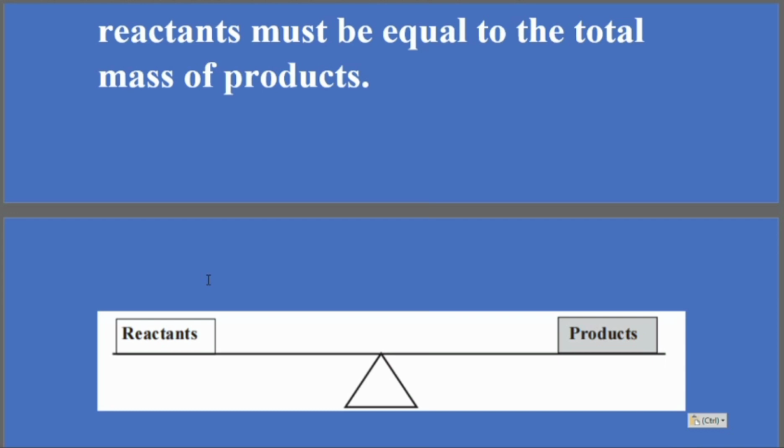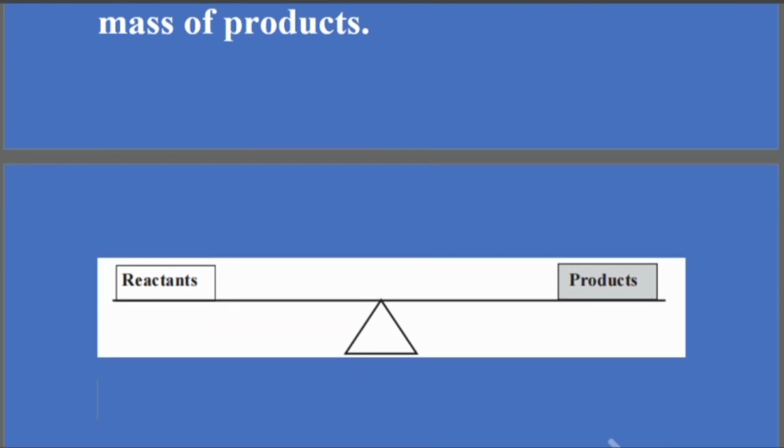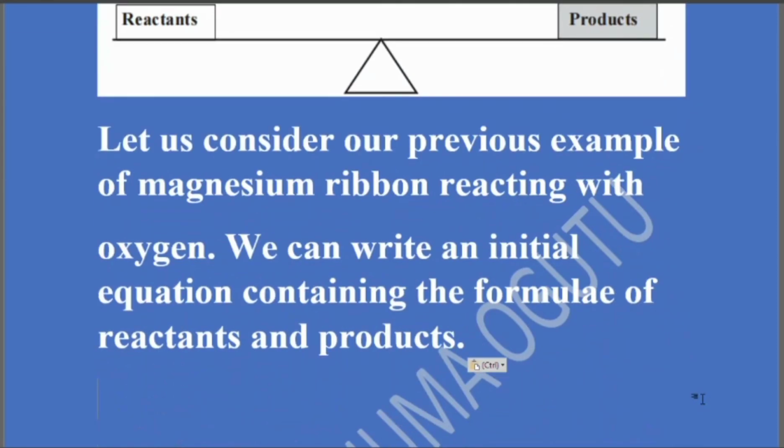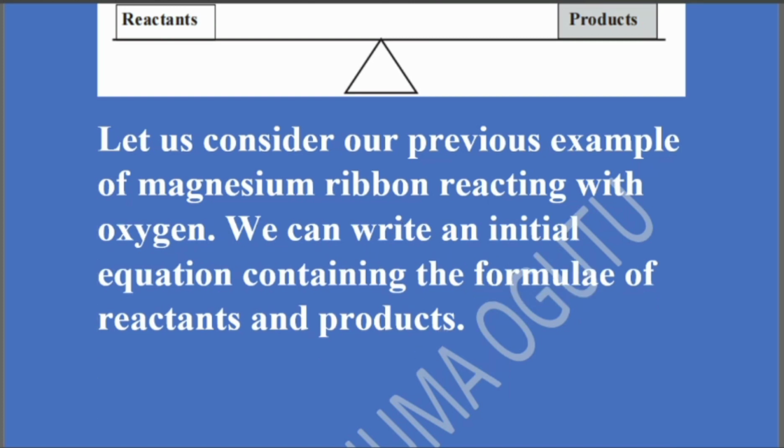Let's consider our previous example that we had, the magnesium ribbon reacting with the oxygen. So we can write an initial equation containing the formula of the reactants and the products. Now here, we write it using the formula. We are considering our previous example of magnesium ribbon reacting with oxygen.